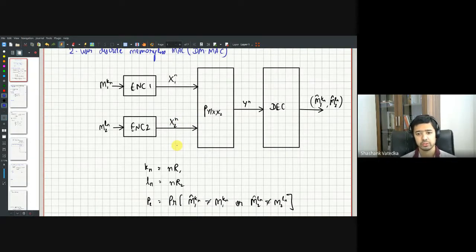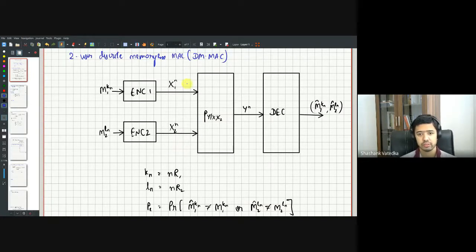All right. So any channel is basically a probabilistic map from the inputs to the output, right? So in a multiple access channel, there are two users. In a two user multiple access channel, there are two users who want to communicate to a single receiver. There are two senders and one receiver, and we assume that time is slotted.